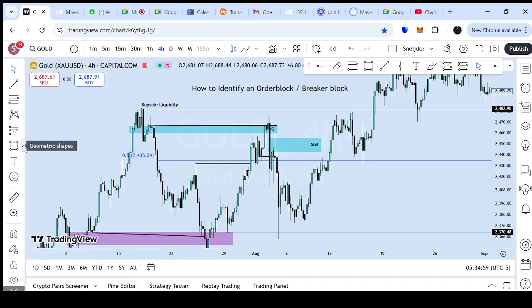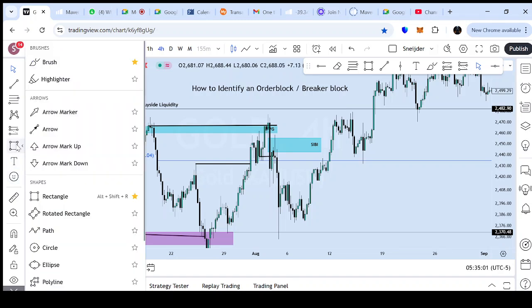You can go here, the rectangle. Hope you are seeing it. Yes, that's the rectangle. This is brush, if you want to clean something.